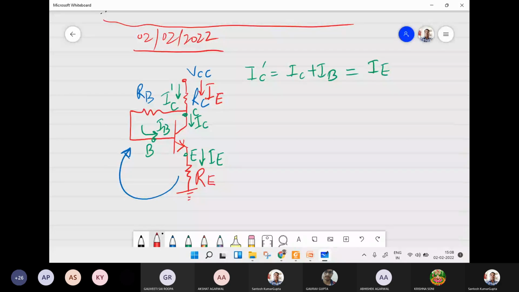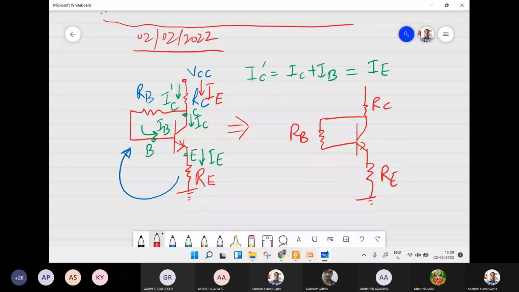Here we have the biasing circuit, and here we apply the VCC.